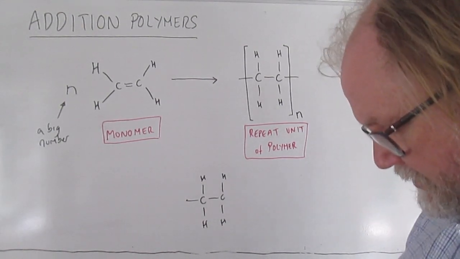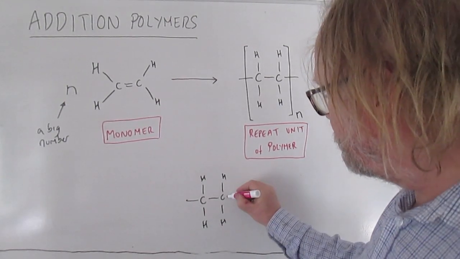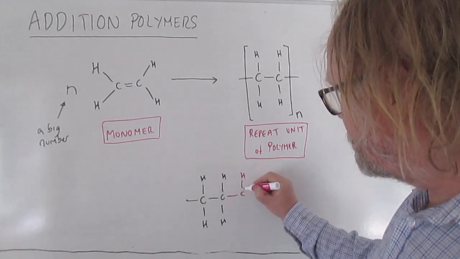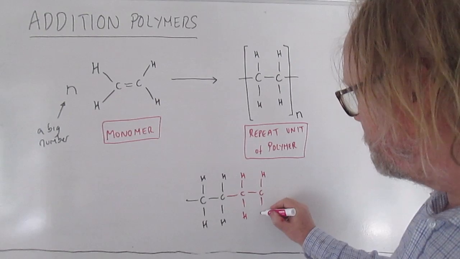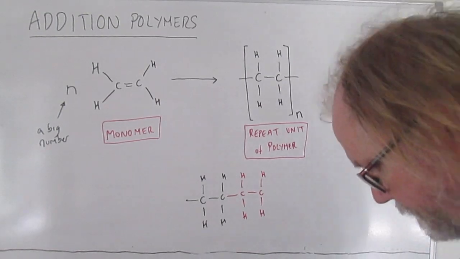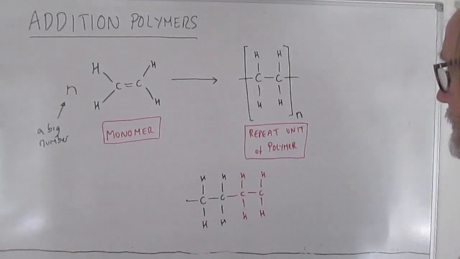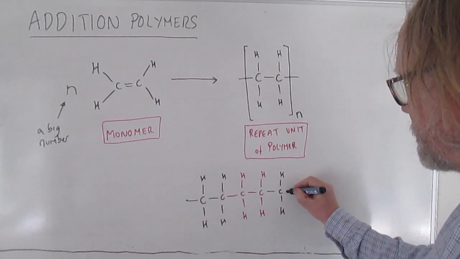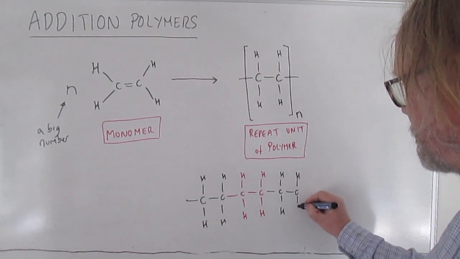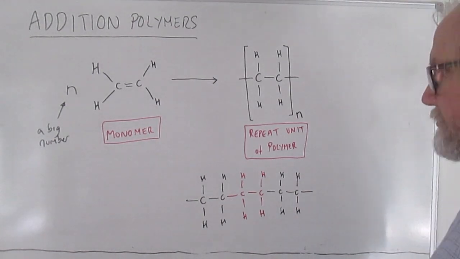Let's do it in a different colour just to illustrate that these really are repeats. So here's the second one, exactly the same, just joined up by that new linker bond that we created. And then here's the third one. So that's 3 repeat units.